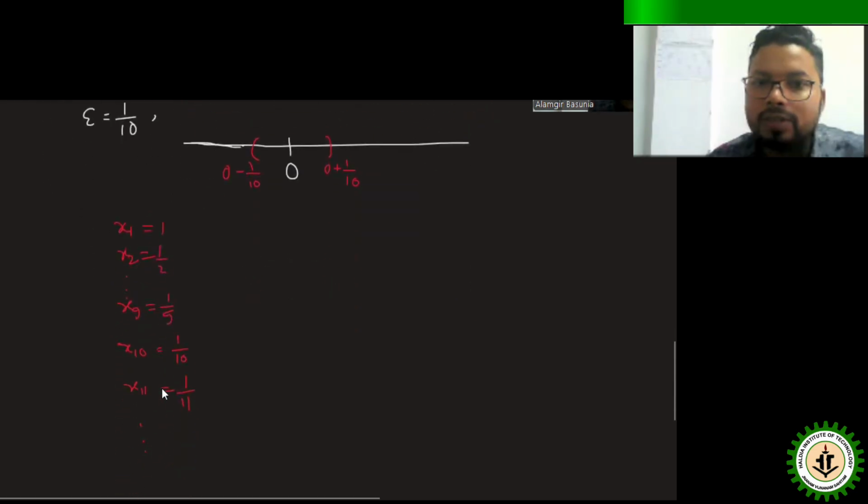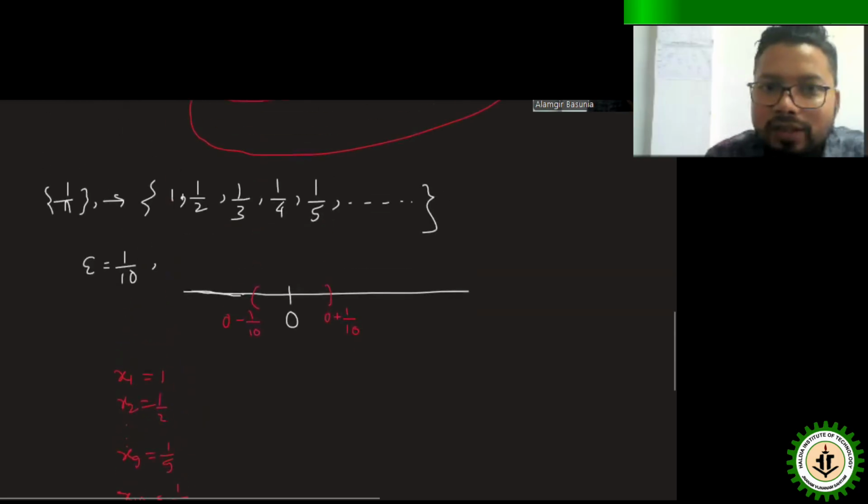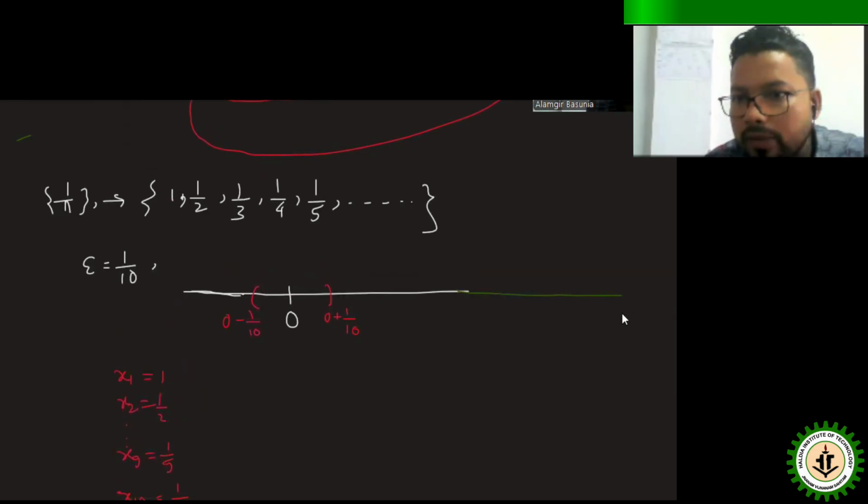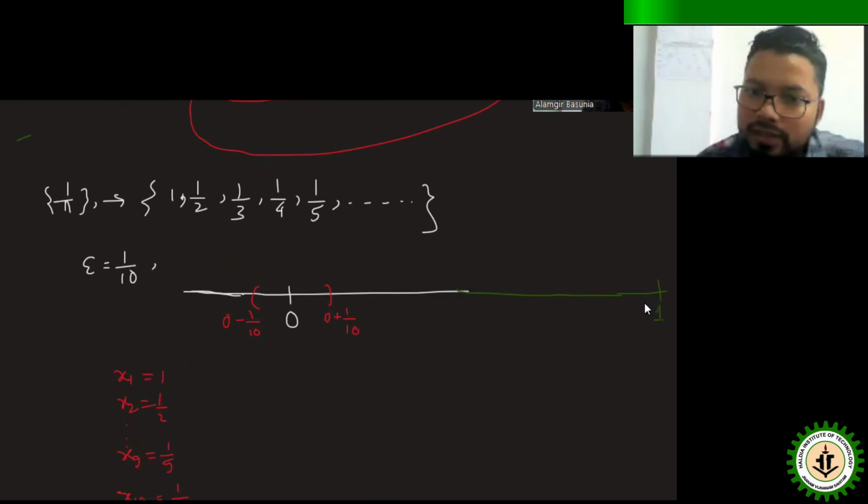Now, here x1 is 1. If 1 by 10 is here, then 1 is here, and you can see clearly 1 is outside that region.